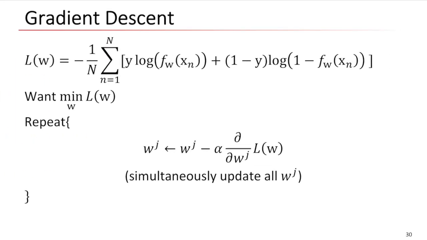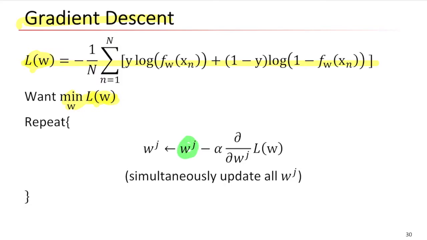Okay, so to solve logistic regression, we can also use the gradient descent algorithm, similar to the regression problem. This gradient descent algorithm can be represented like this. We want to find the w that minimizes L(w). In gradient descent, we use an iterative solution, remember?